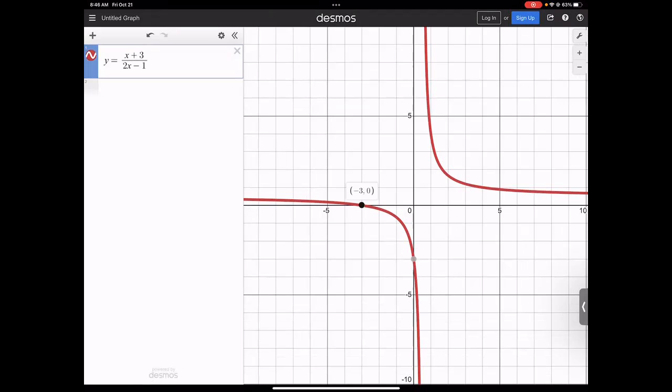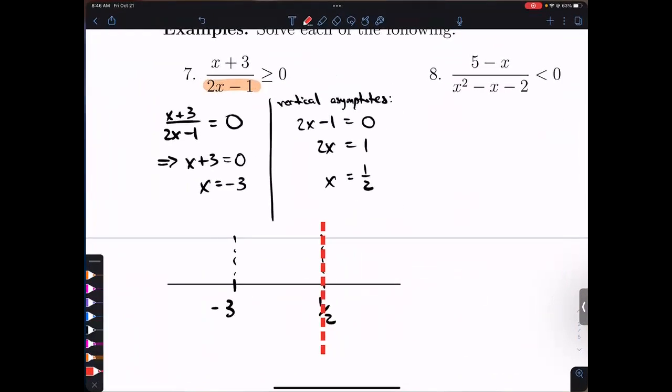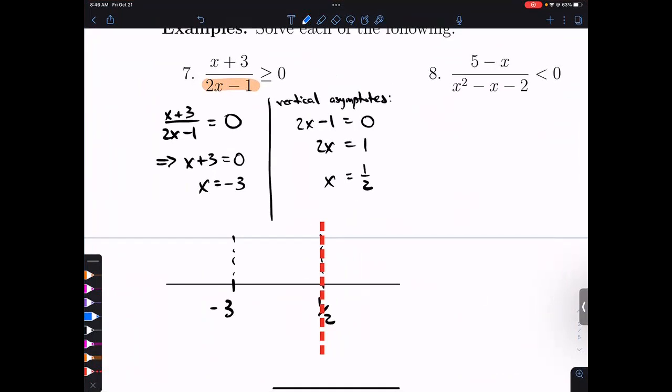You see there the 0 at -3 and the vertical asymptote in here. All I really need is the general shape of the thing. It's doing something like that. Or you could plug in points and test that way.